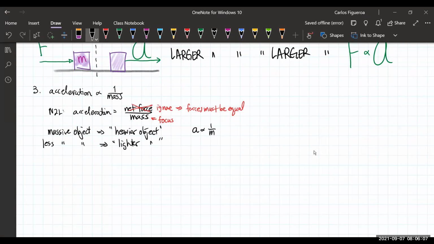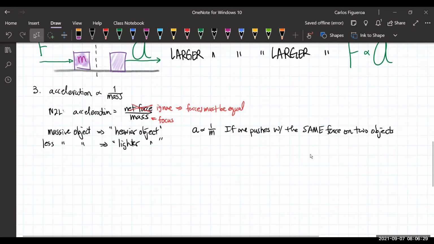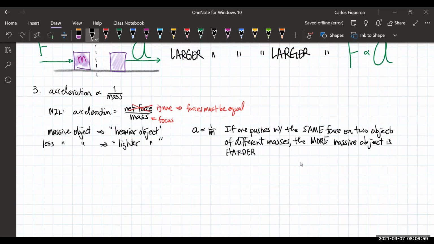So what we're going to do with this case here is that when I write that a is proportional to 1 over the mass, what that means here is that if one pushes with the same force on two objects of different masses, the more massive object is harder to accelerate.